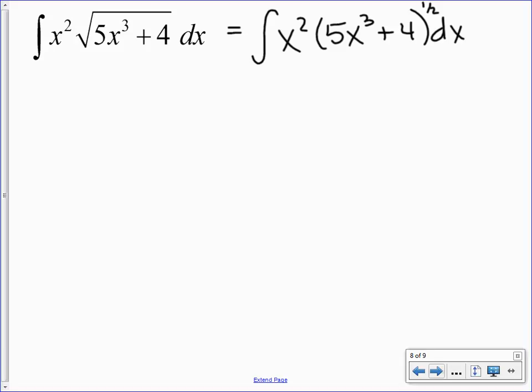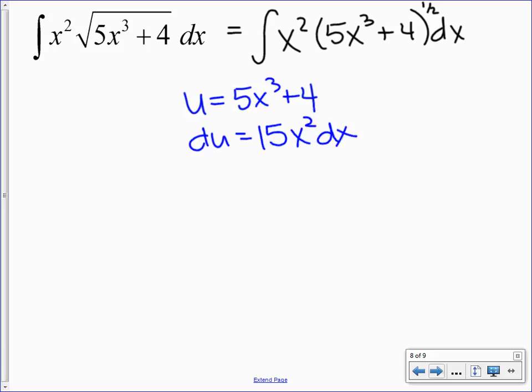Okay, now notice how we have the composition times another function. So u substitution is going to be our friend here. Now, here's the issue. What do you want u to be? Sub x cubed plus 4. Which means du is what? 15x squared. There's an extra 15 thrown in there, right?